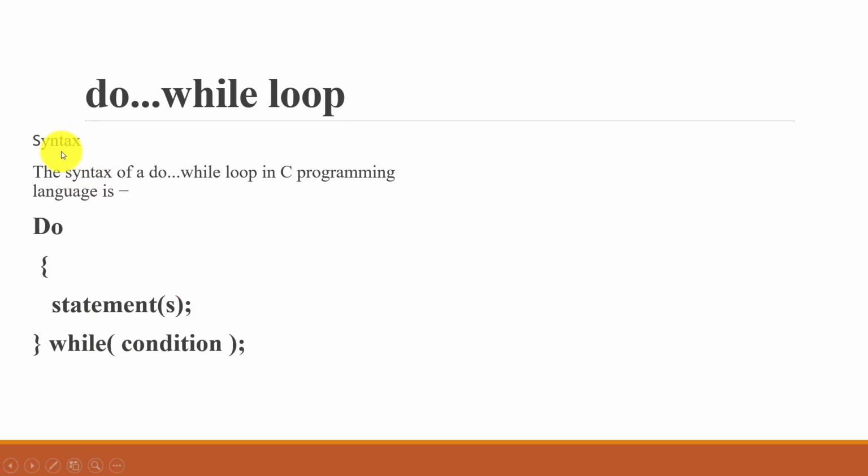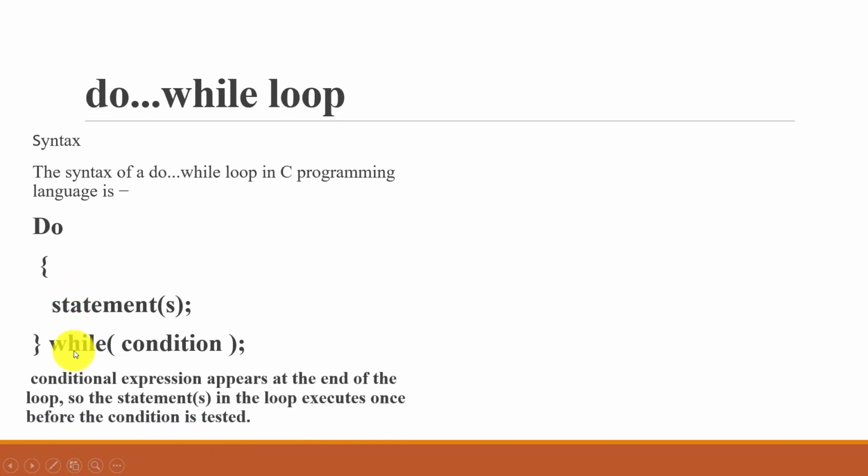Now let's check the syntax of the do while loop. In do while loop, first we write do, then inside the curly brackets we pass at least one statement, or you may write a group of statements. After this we are not passing any condition here. After this we write while and inside it the condition.